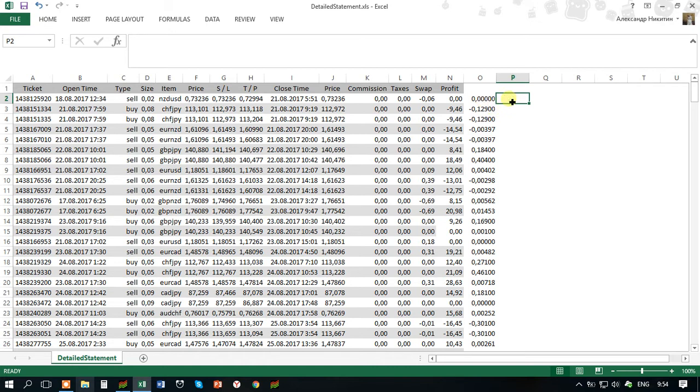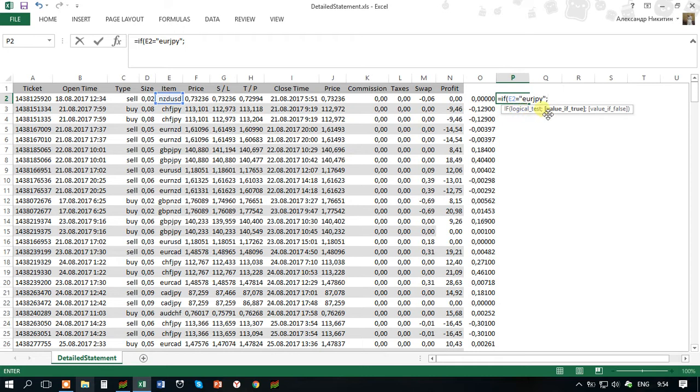To do that, I am to type the formula. If the item equals, let's say, in quotes, EURJPY, then you can see it gives you the hint.